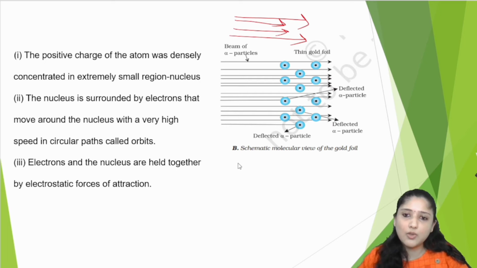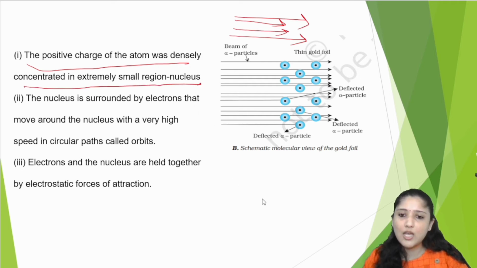These are the conclusions by Rutherford. He said that the positive charge of the atom was densely concentrated in an extremely small region, the nucleus.